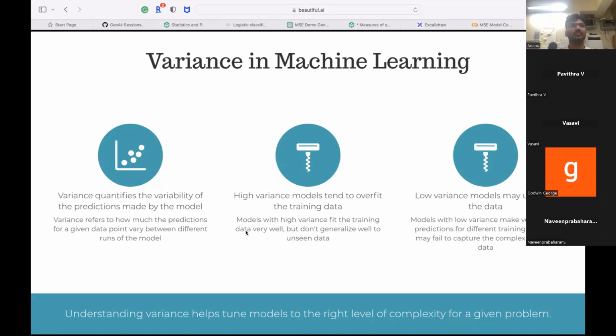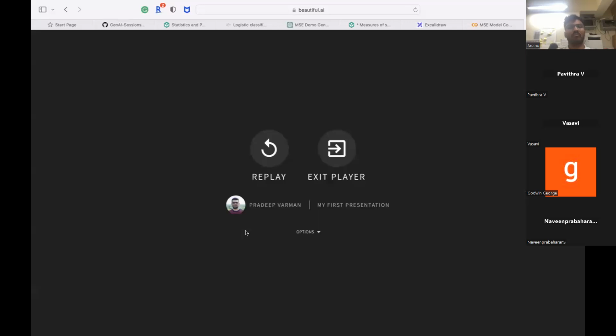That's the role of variance in your prediction models. How we do it, I thought we would be doing it by calculating the MSE value.